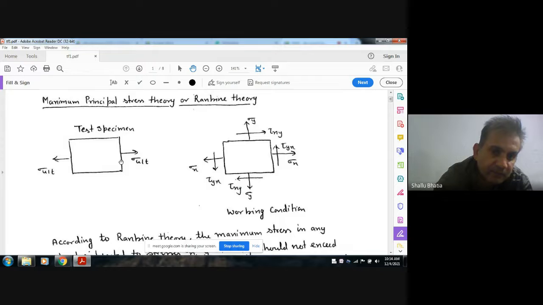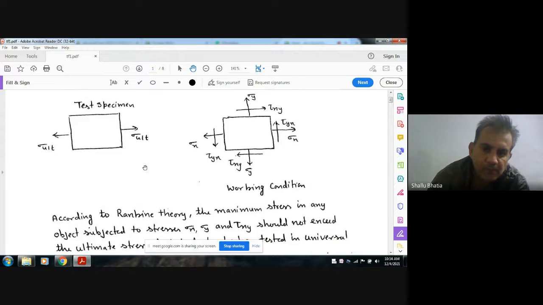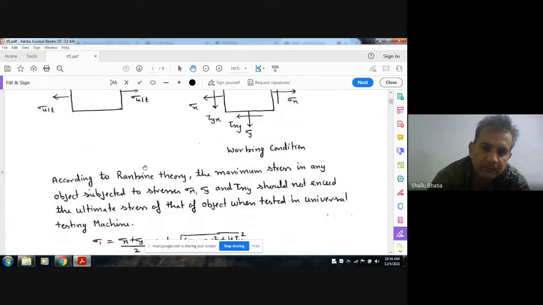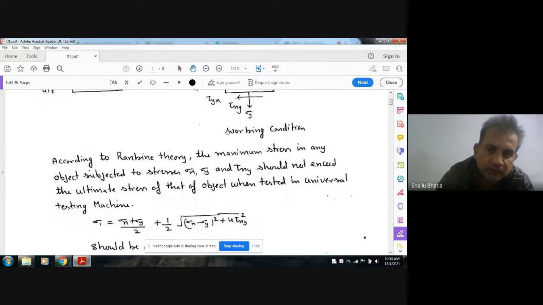We will measure the ultimate stress of the test specimen and calculate the principal stress of the working specimen. This working maximum principal stress should be less than this ultimate stress to avoid the failure of the working object.